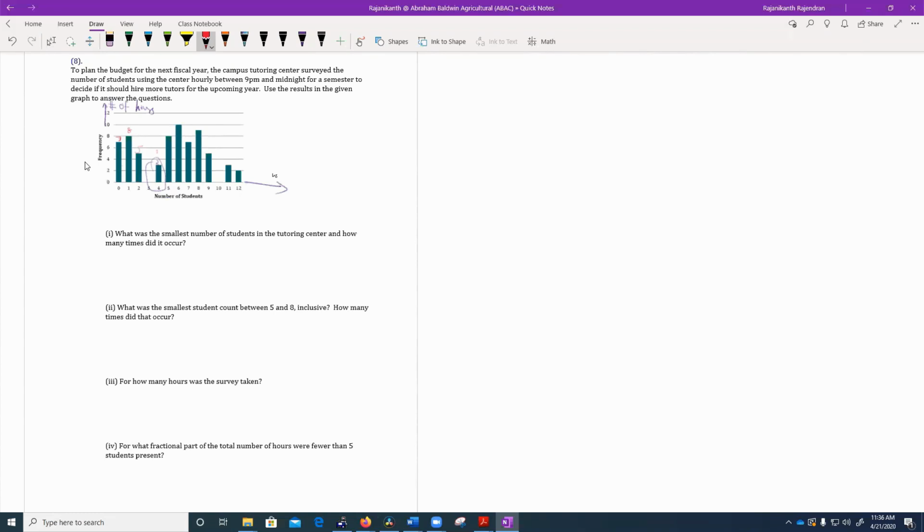This is 3. This height is again 8. And this height is 10. And the next one is again 7. And this one is 9. This one is 5. This one is 3. And the last one is 2, right?